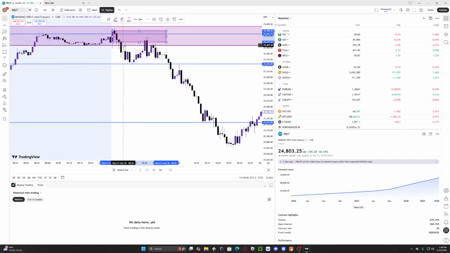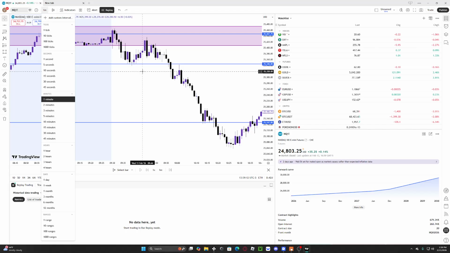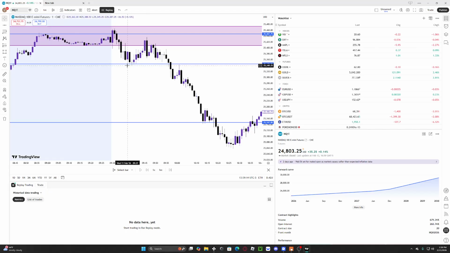Then my entry would probably be off of, I could probably even just do it off of, we need to break past the low, so I could do it off of this right here. Actually, no, I would wait for this low to be taken out because it's clearly a more prominent low.